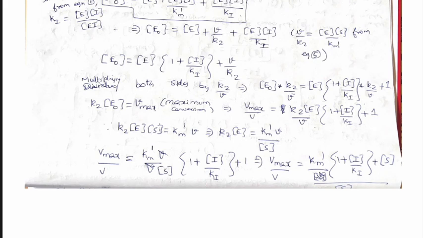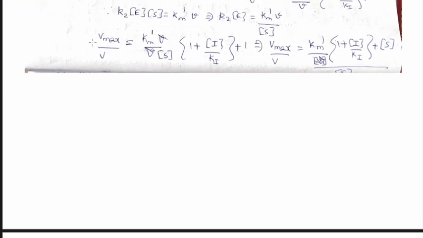Since K2 ES is equal to V and Km dash is E into S by ES, K2 E is equal to Km dash V by S. After substituting and cancelling terms, we get Vmax by V equal to Km dash into 1 plus I by Ki by S, plus 1. The substrate S we take to the numerator, with the whole divided by S.